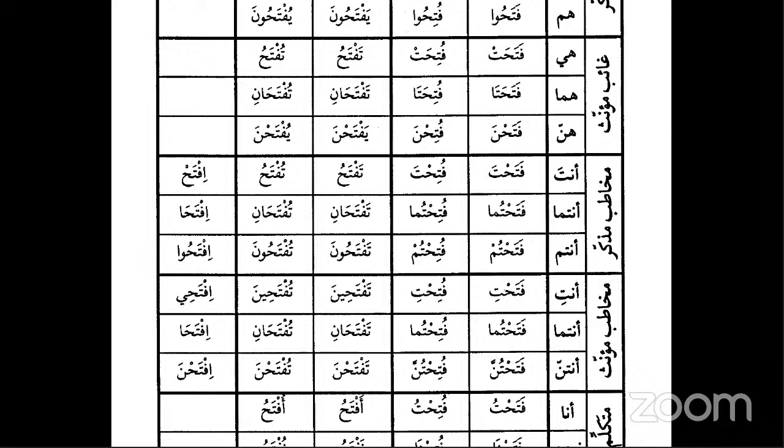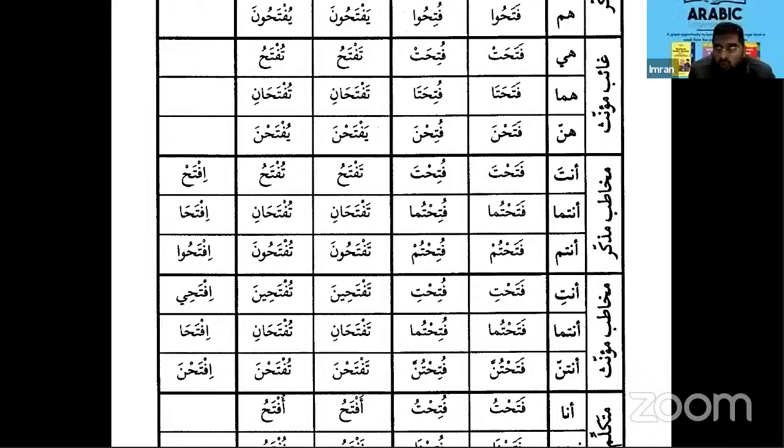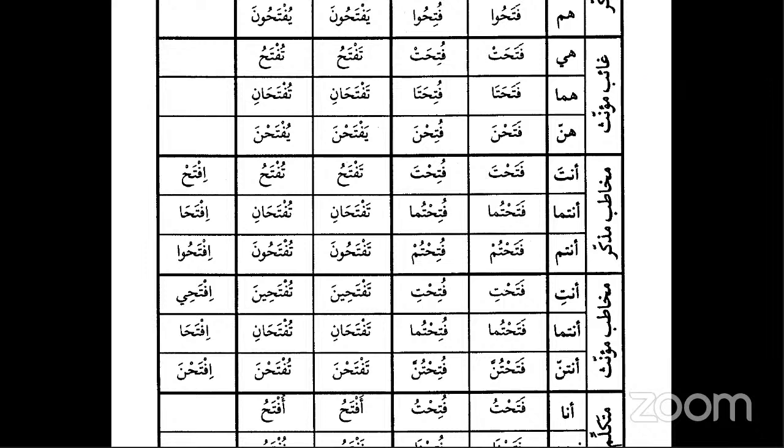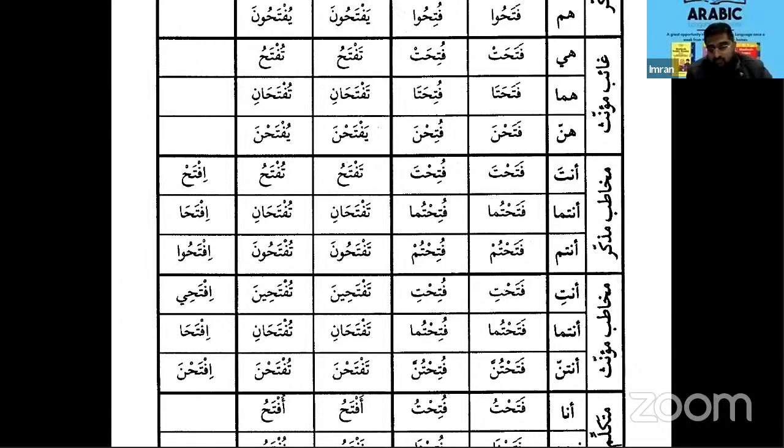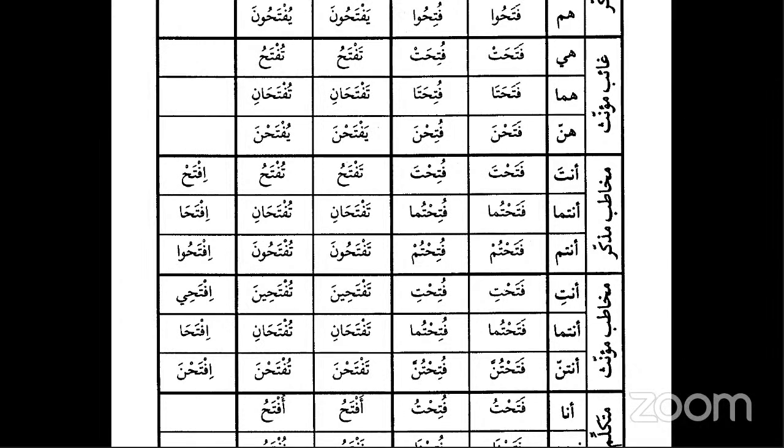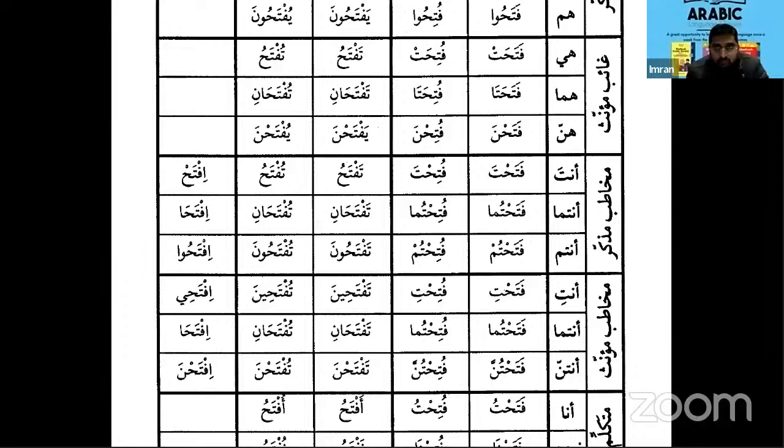It will be replaced by alif, hamzatul wasl. Why is the hamzatul wasl needed? Because the fa has a sukoon. Correct. And the first letter needs to have a vowel on it. Correct. So we have started with hamzatul wasl.